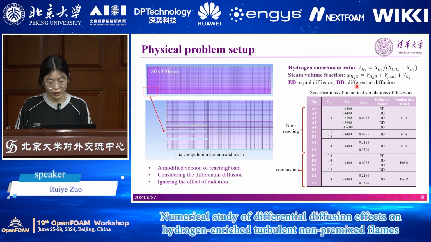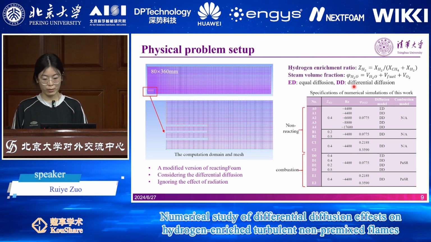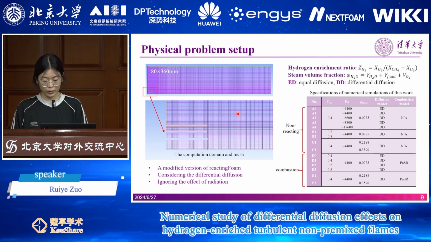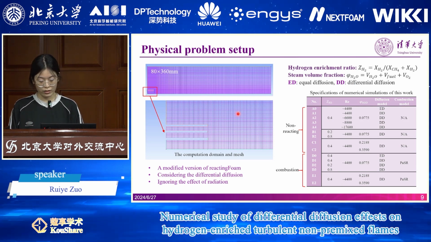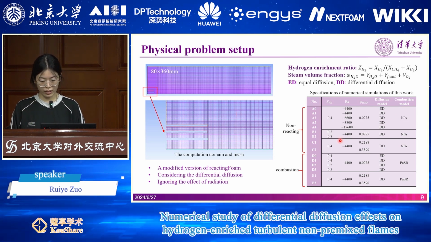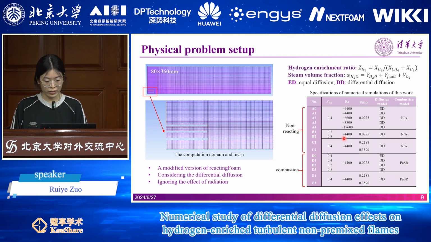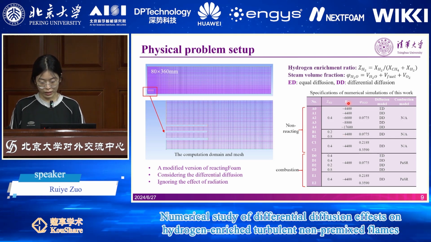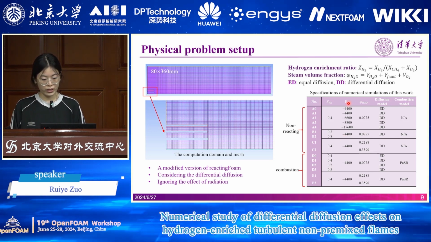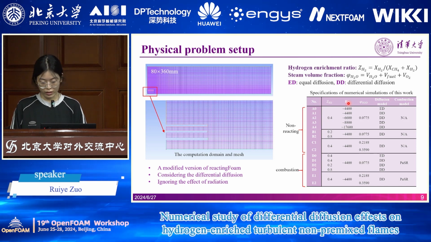The numerical simulation was carried out on a two-dimensional grid of 80 by 360 mm with a minimum grid size of 0.5 mm. Look at this table. Various parameters, including Reynolds numbers, hydrogen mole fraction, and steam volume fraction, are explored.